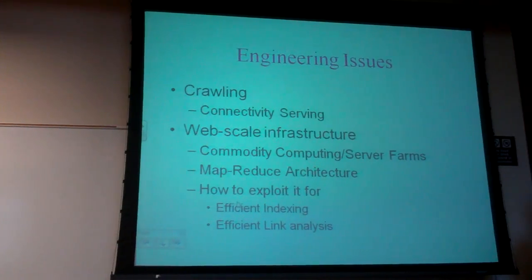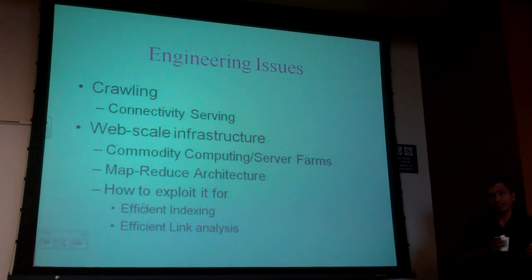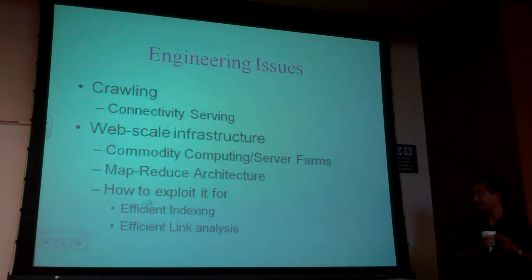And so this is not the first time you heard about it. There are server farms, and there is a particular kind of coarse-grained parallelism that is very useful for these kinds of tasks. It's been called the MapReduce parallelism, and we'll talk about MapReduce architectures a little.